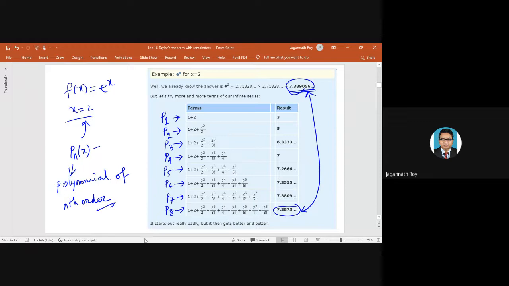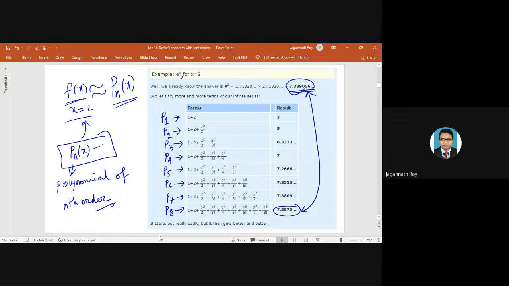So for a given function, suppose we don't know this function. So this is an arbitrary function. But can we find such polynomials for which f of x will be approximated by some Pn(x)?